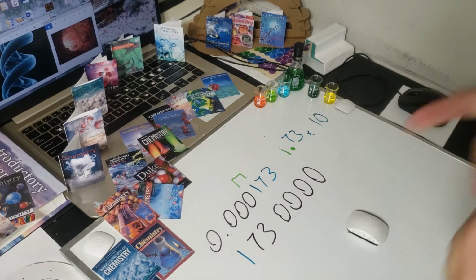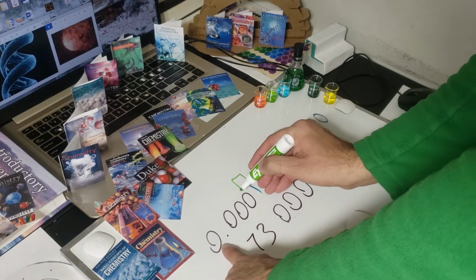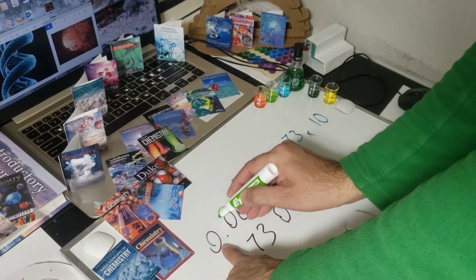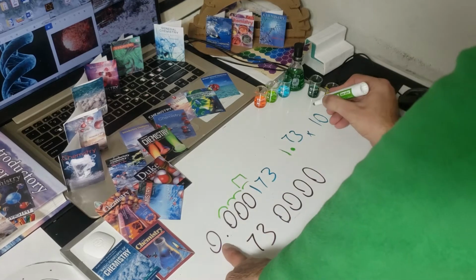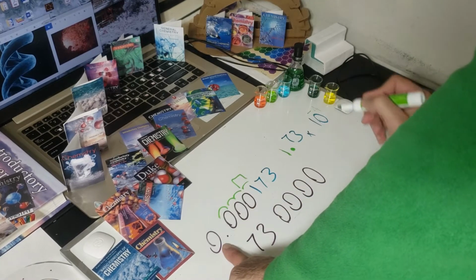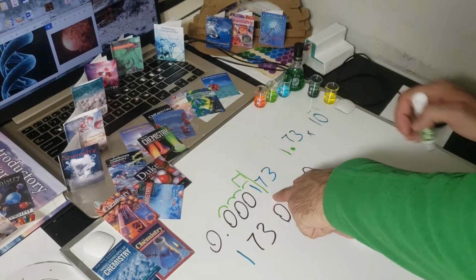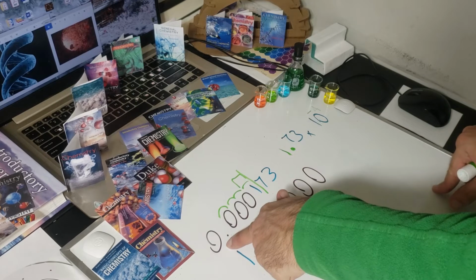Then I count back to here, to this place. So 1, 2, 3, 4, and it's getting smaller, so minus 4, because it's getting smaller than 0. And that 4 means the first digit of that number, and you count back from there.